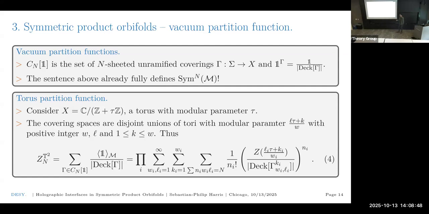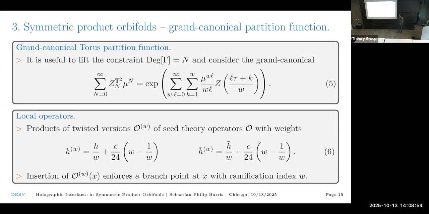And this is the general feature of symmetric product orbifolds, and everything gets much, much simpler once you lift these constraints. So in this case, the way to lift the constraint is you introduce some chemical potential and you sum over this parameter n.